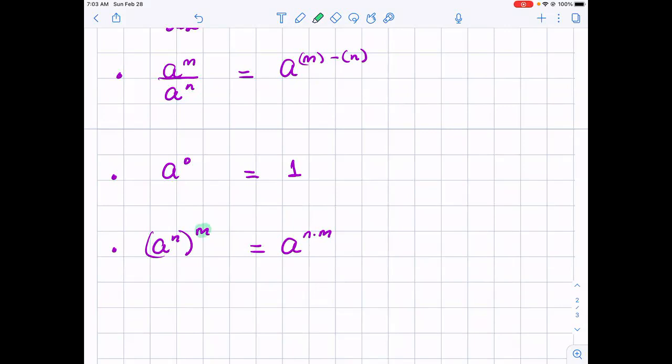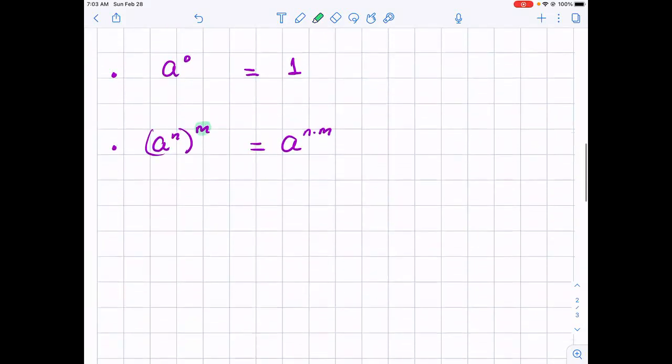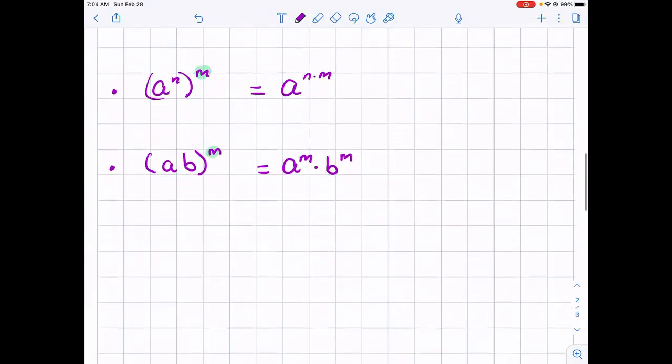Keep in mind that if you see something without a power, it's understood that it has a power of 1. For example, if we have ab raised to the mth power, we distribute that outside power to everything on the inside, so it becomes a to the m times b to the m. I don't know if that's a property by itself, but I just stuck it in there.